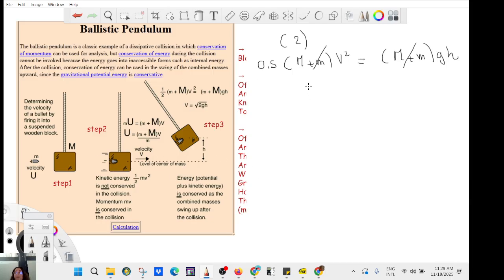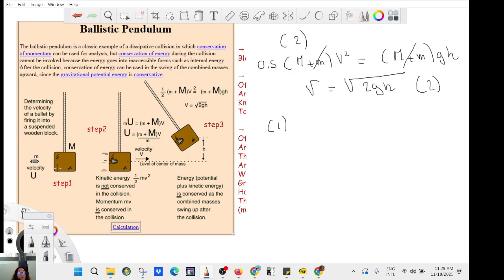And you have this famous equation from kinetic energy to potential: v equals the square root of 2gh. That will be my second equation, the speed of the block here. Do you agree? So that's conservation of energy.